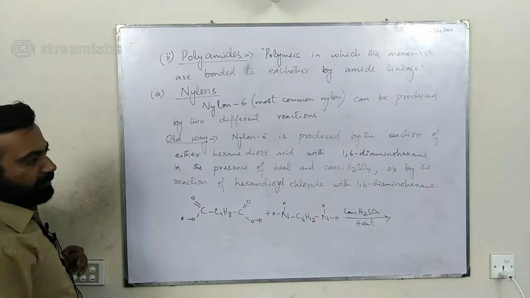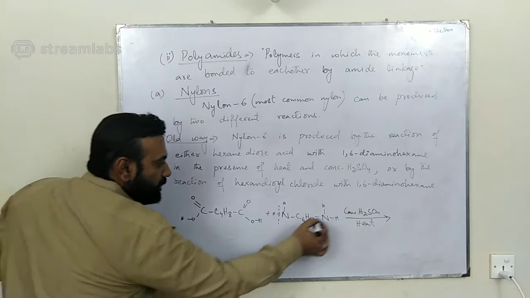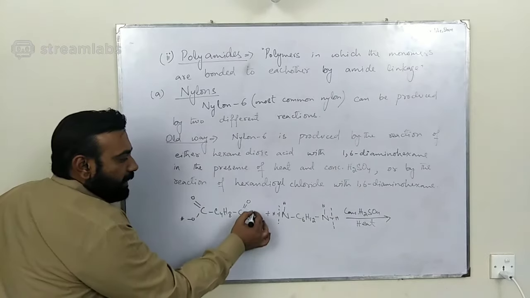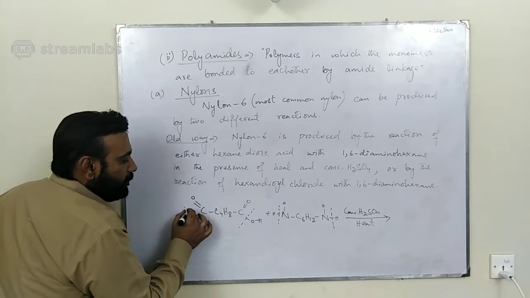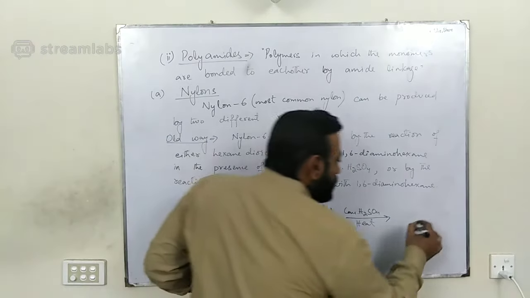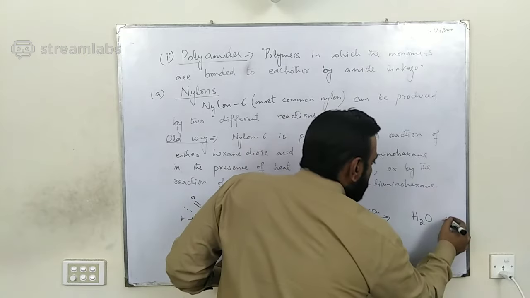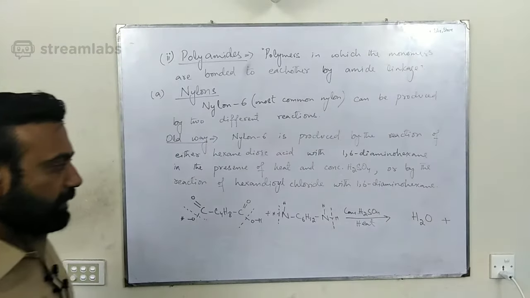The type of reaction that takes place is condensation. The amine group will lose its hydrogens from each side and the carboxylic acids will lose their OH groups from each side. Those H and OH groups combine to form water, the byproduct of this condensation reaction.